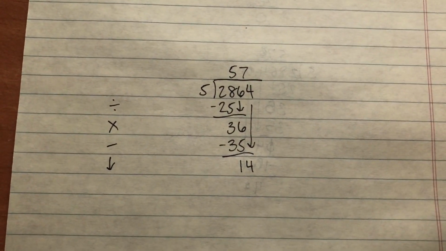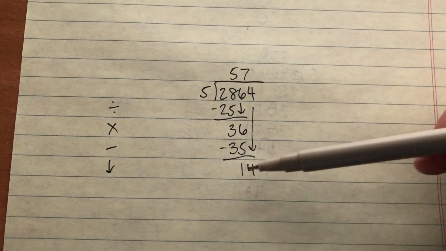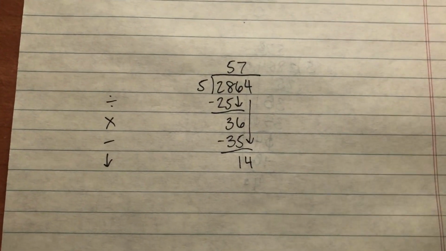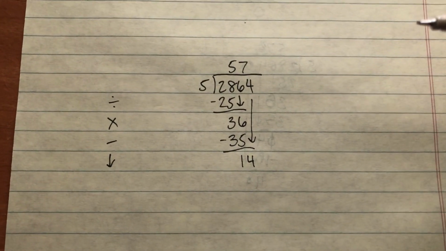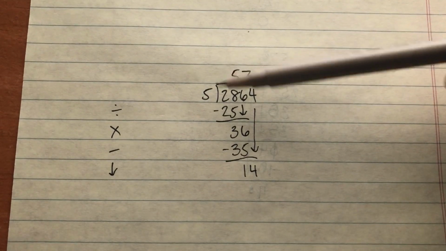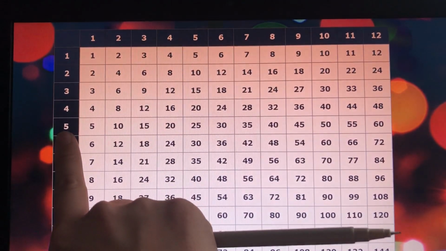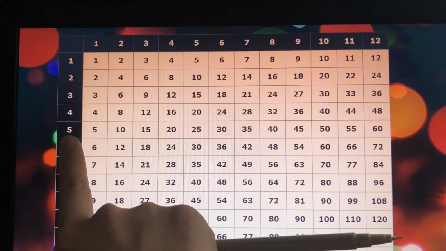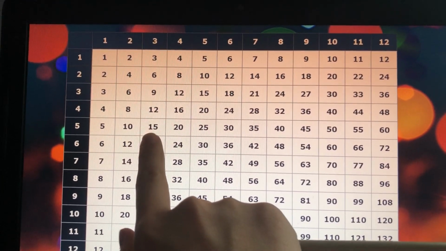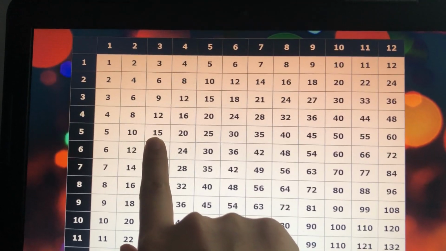How many times can 5 go into 14? You might know 2, but again, I'm going to show you this multiplication table in case you don't know. We're looking at our 5s, and we want to get as close to 14 as possible without going over. So 15 is pretty close to 14, but we went over, so we know that we have to go with 2.